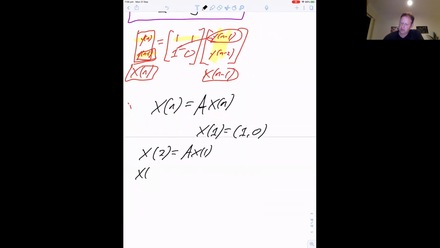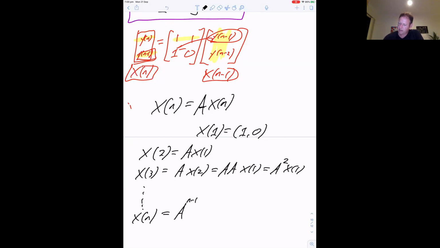And what's x3? x3 is A times x2, which is A times A x1, or you could just write it as A squared x1. And similarly, if you continue, when you get to xn, you just get A to the power n minus 1 times x1.